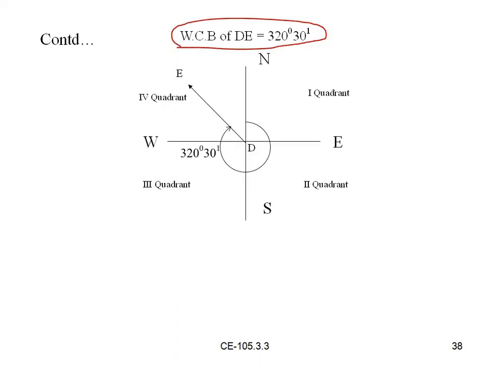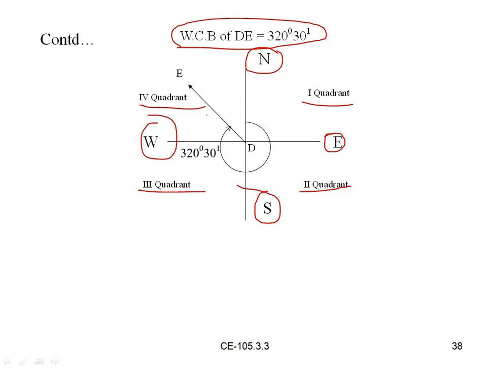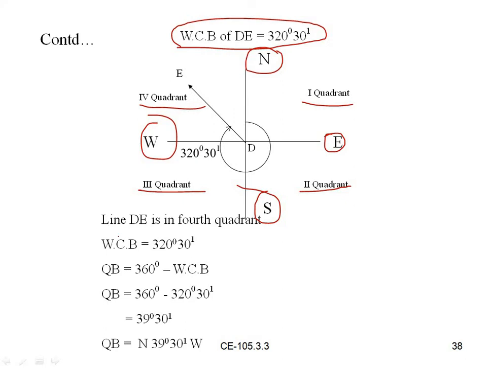Now the next is whole circle bearing of DE equal to 320 degrees 30 minutes. So it is the first quadrant, second quadrant, third quadrant and fourth quadrant. Here we can see north and east and south and west directions. So line DE is in the fourth quadrant, where the whole circle bearing value is 320 degrees 30 minutes.